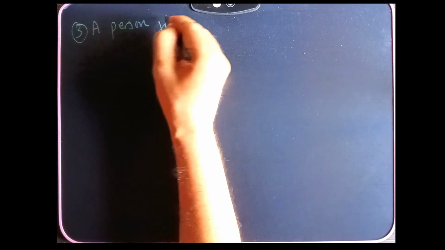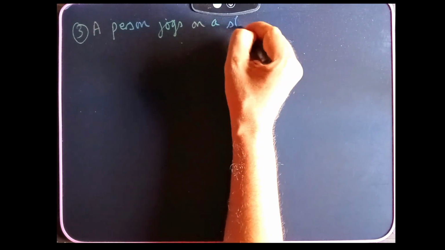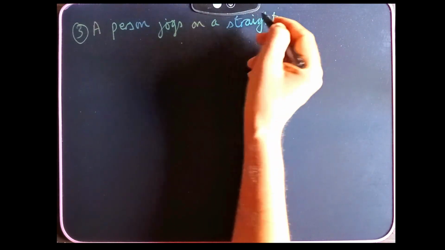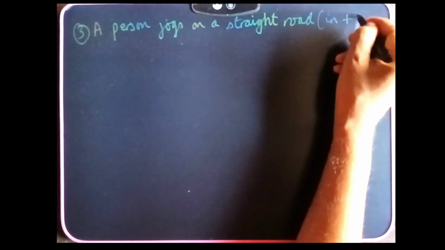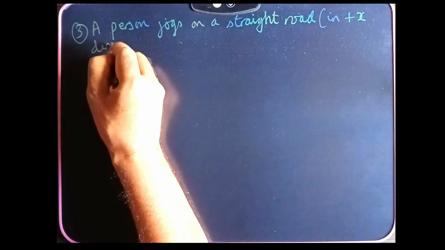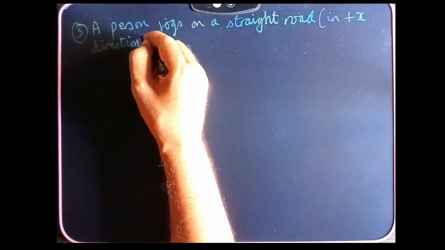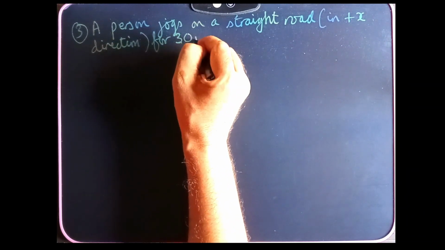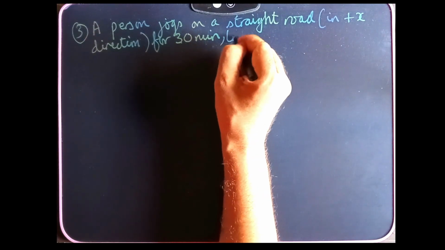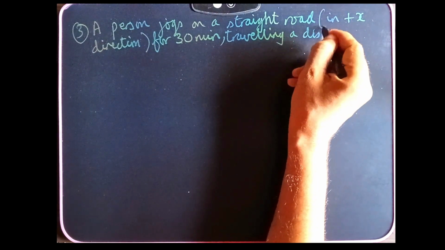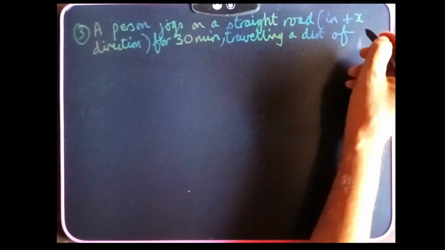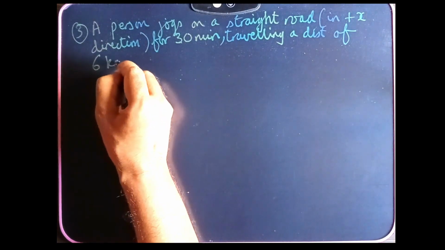Third problem. A person jogs on a straight road in positive x direction for 30 minutes, traveling a distance of how much? 6 kilometers.